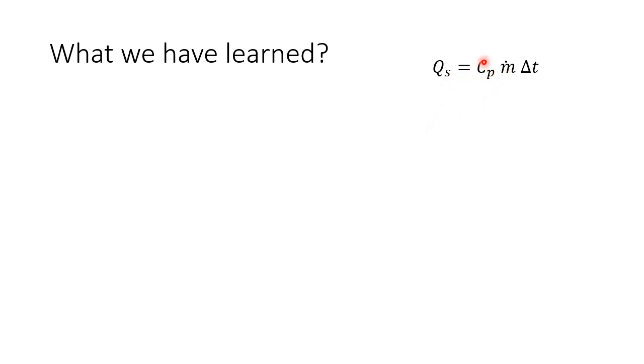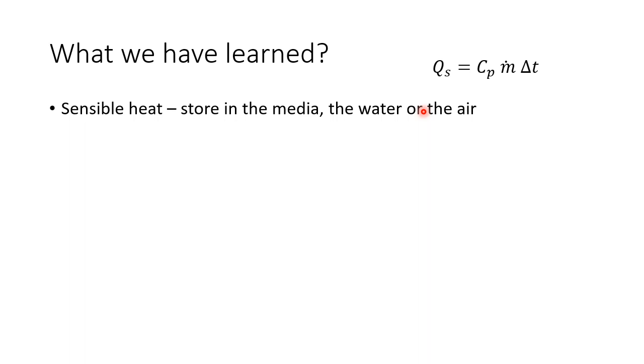If you apply the air specific heat, this air flow rate, and this air temperature rise, this will be air sensible heat gain. If delta T is negative, this will be air sensible heat loss. So sensible heat is heat stored in a medium. It can be water, it can be air.